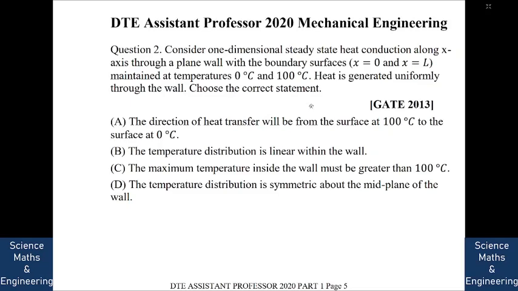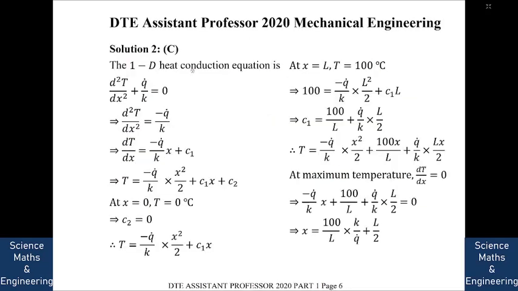So let's solve it. See, the 1D heat conduction equation is d2T by dx square plus q dot by k is equal to 0. So from here, when we integrate, we get T is equal to minus q dot by k into x square by 2 plus c1x plus c2.